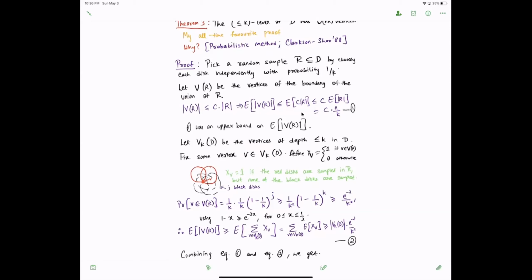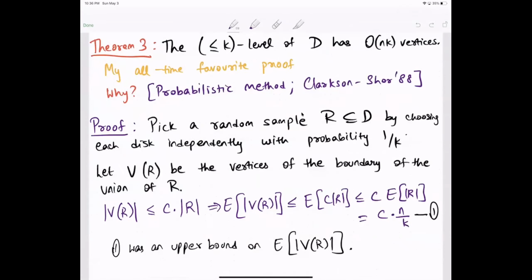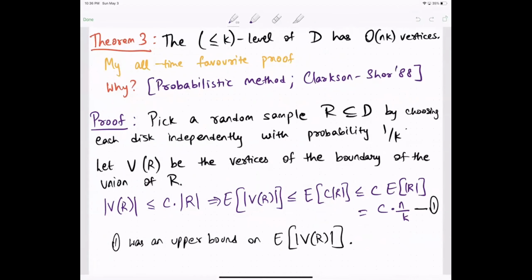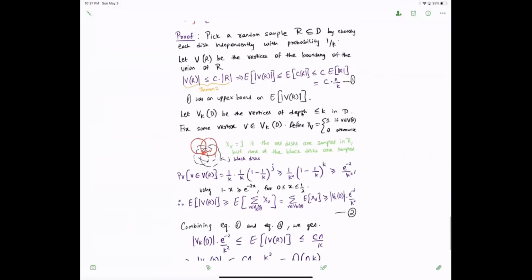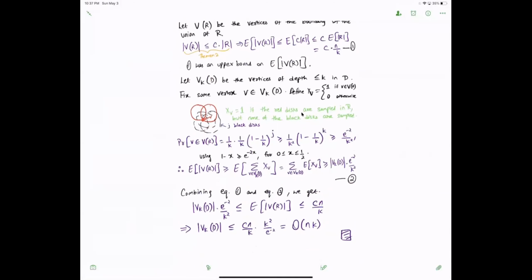And equation 1 was pretty straightforward, which followed from theorem 2, since the union has linear complexity. Then we just have to combine both of them and we're done. So this concludes the proof of my all-time favorite proof.